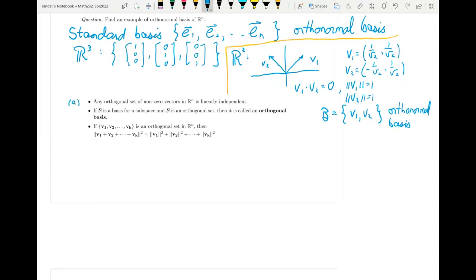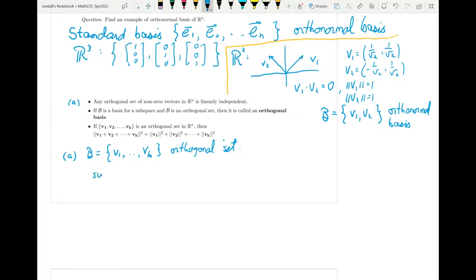So let's call that A. Suppose B is a set that is orthogonal, so let's say v1 to vk, an orthogonal set. It doesn't have to be a basis. Okay, let's show that they're linearly independent.